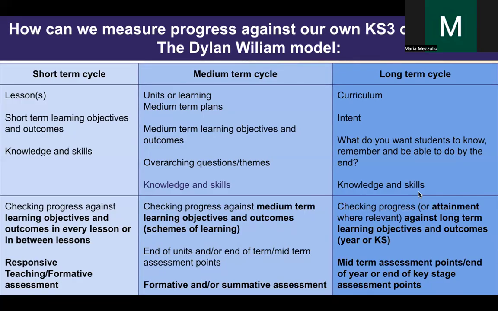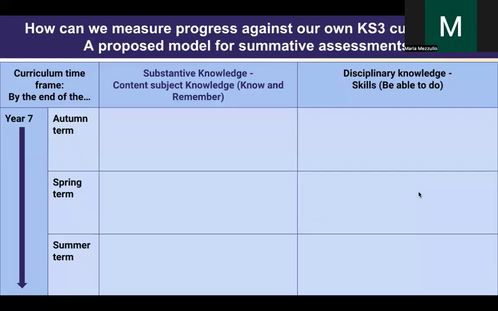So that's just a really helpful way of thinking about how curriculum and assessment fit together, and how should I be thinking about planning my formative and summative assessment in my curriculum. Now, if we take summative assessment in a bit more detail and think about, okay, I want to design a summative assessment for Key Stage 3.